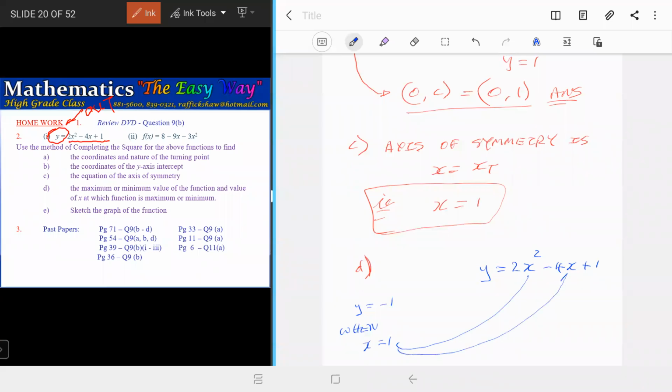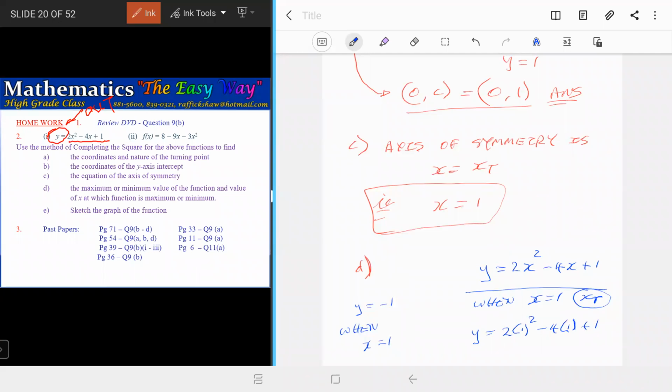When the x value is equal to the xt value of 1, the y becomes 2 times 1 squared minus 4 times 1 plus 1.